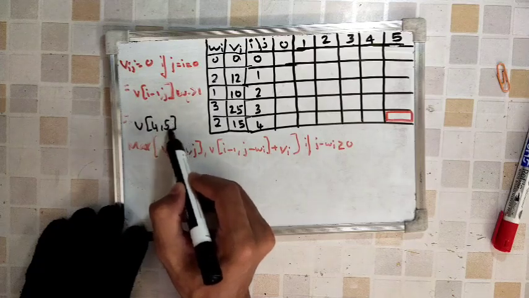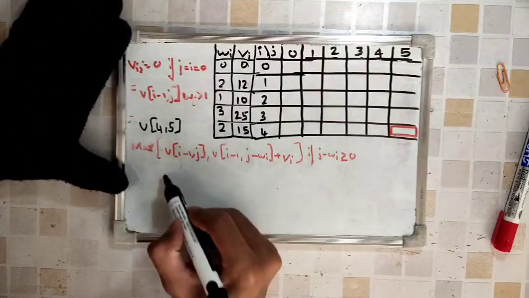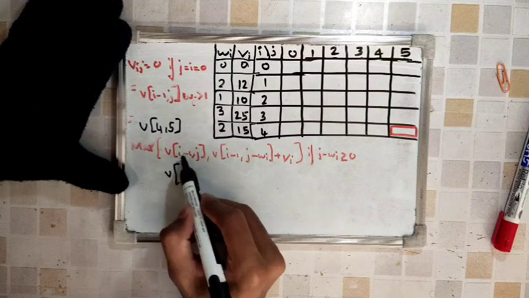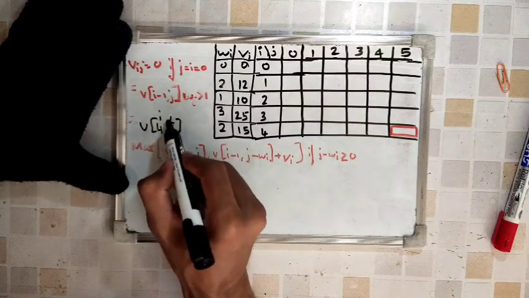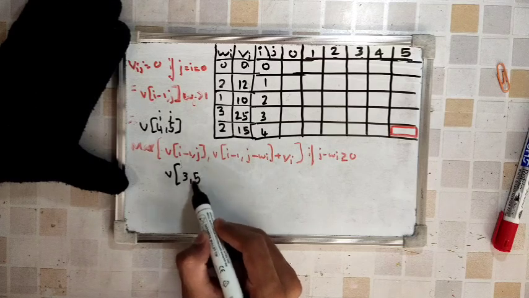I have to take the max of, I won't write everything, I minus 1. See here, this is my i and this is my j. So i minus 1 is 3 comma 5 as it is.